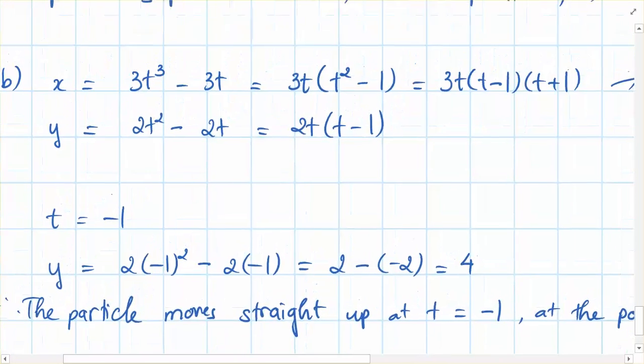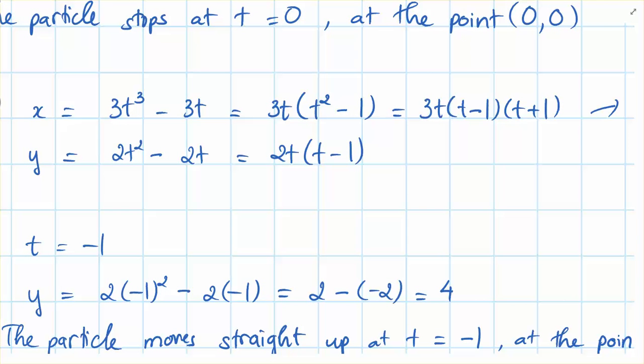And looking back at B, we have y equals 0 when t equals 0 or 1. But when t equals 0 or 1, x also equals 0. So the particle does not move.